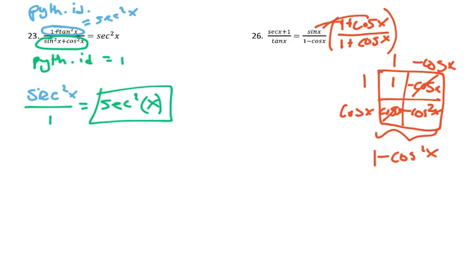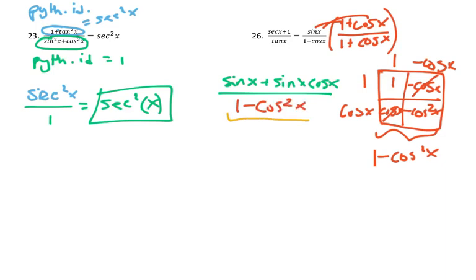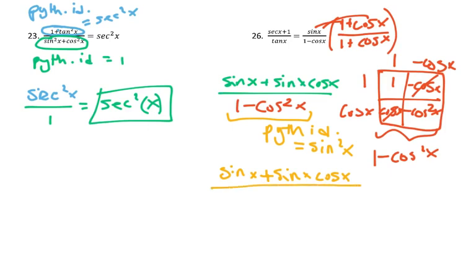So if we distribute that sine, we get sine of x plus sine of x cosine of x, and then our denominator of 1 minus cosine squared of x. Through a Pythagorean identity, this guy is going to be sine squared. And so we end up with sine of x plus sine of x cosine of x, all over sine squared.